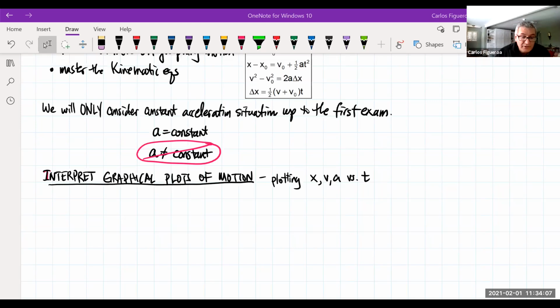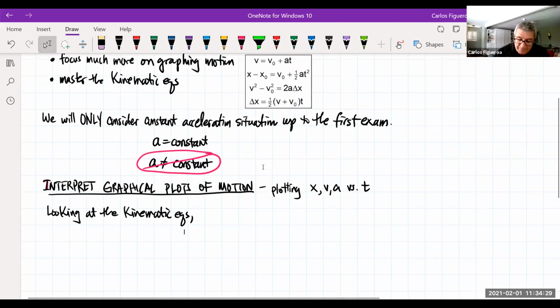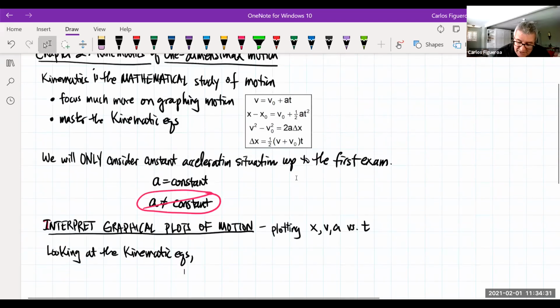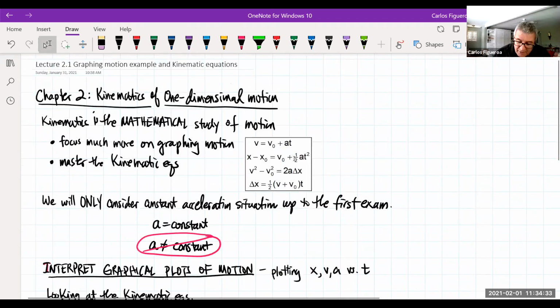What we want to do here is the following. When you look at the kinematic equations, note that the highest power of time is t squared.